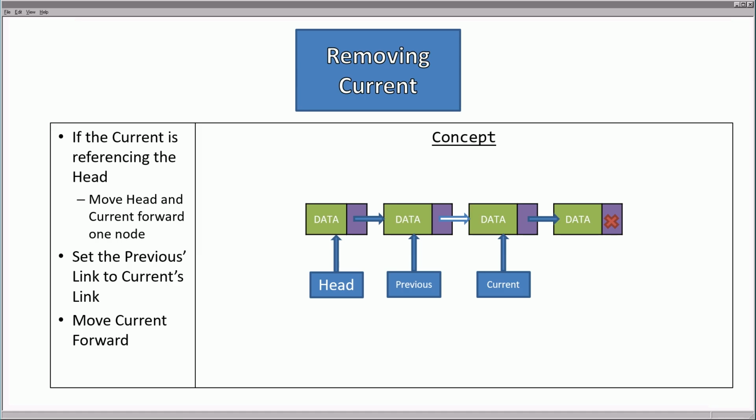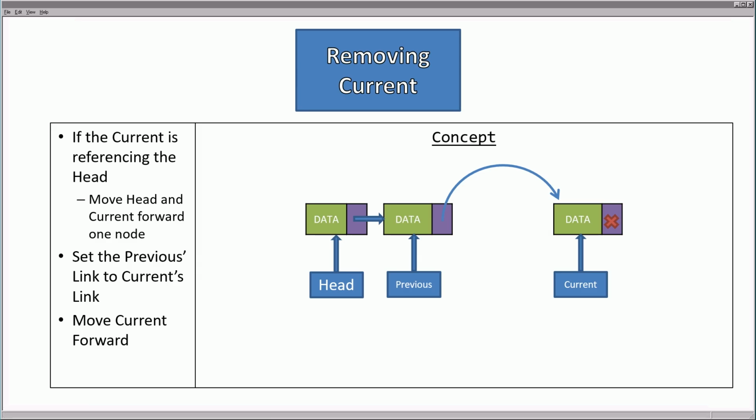If we take previous.link and have it point to where current.link is referring, then effectively what we're doing is pointing over top of the current information. Then we just move the current reference forward by following current is equal to current.link. Now, as there is no longer a path that reaches this object in memory, the garbage collector goes along and deletes that information.